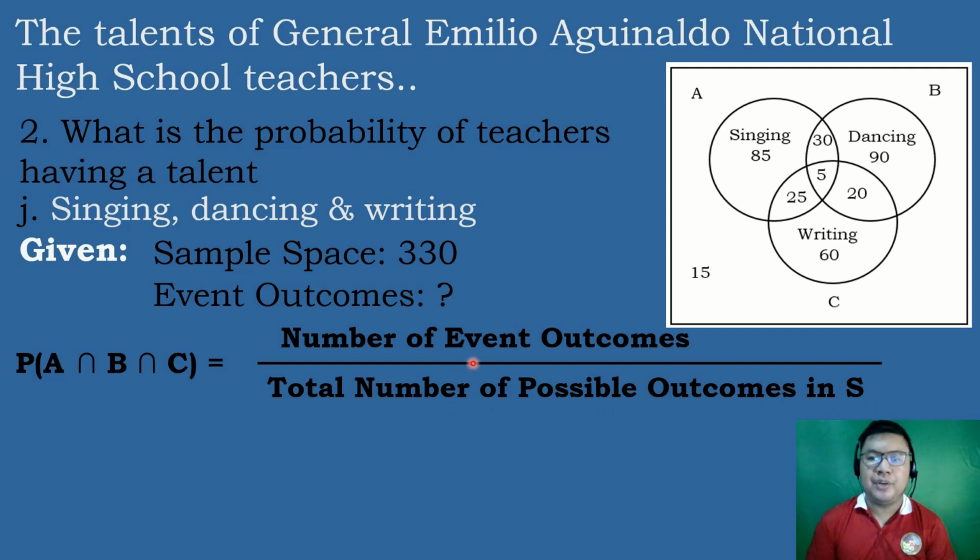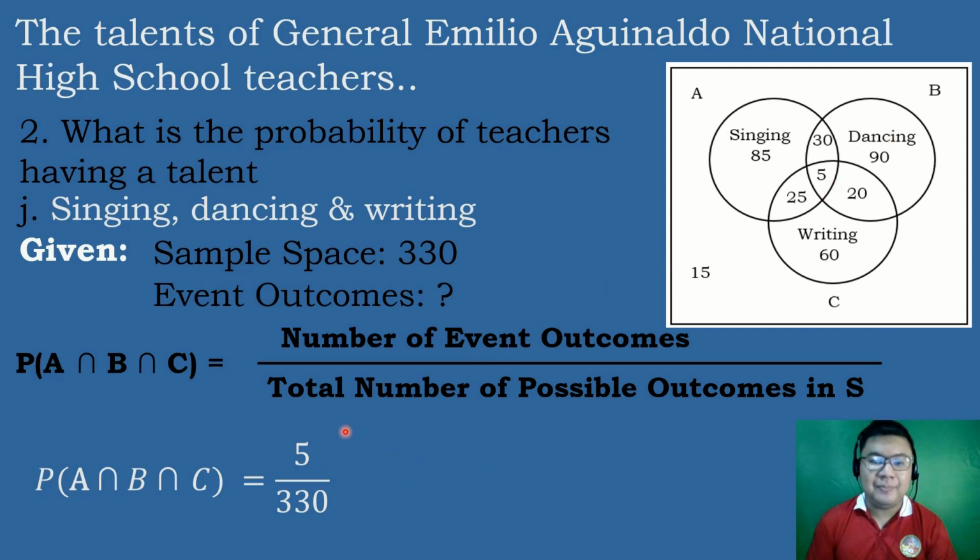To get the number of event outcomes, we will be adding the intersection of the three circles, the portion wherein the three circles overlap with each other. And that portion is this one. So we have 5. So we will be just writing 5 because there is only one number.